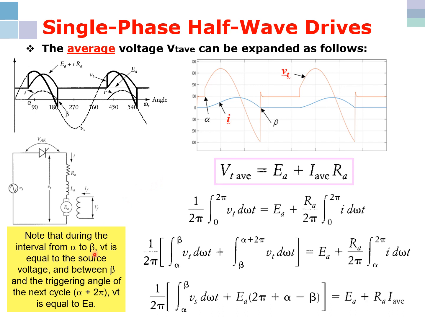According to this, note that during the interval from alpha to beta, VT is equal to the source voltage, and between beta and the triggering angle of the next cycle, alpha plus 2 pi, VT is equal to EA.